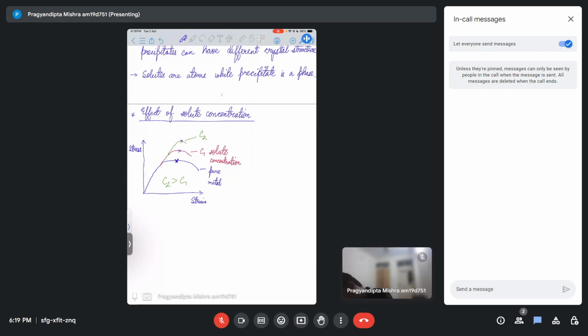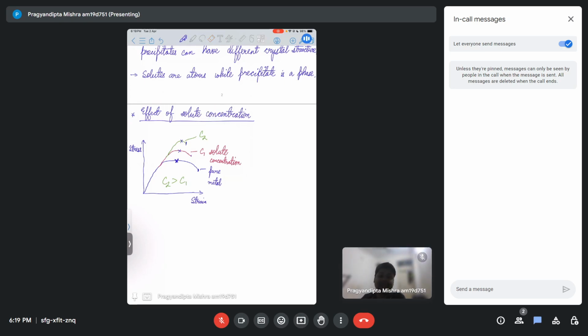Here it was this long, now it is this long in C1, and then in C2 it's even less. So ductility keeps decreasing with increase in solute concentration, while the strength keeps increasing. This is something we have to understand, because while making decisions about increasing strength using solute concentration, you have to also understand that ductility is something that you're compromising on.